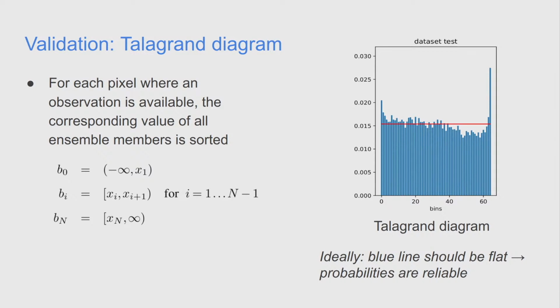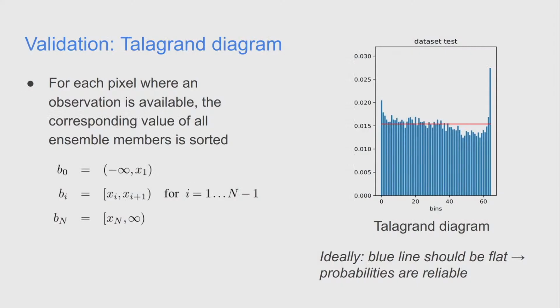Another thing that we can do, and this is done quite often in meteorology as well, is to compute the talagrand diagram, and it essentially tells us how reliable your probabilities are. So if I say the probability that the chlorophyll will exceed a certain threshold is, say, 20%, can I trust this 20%? Or did you make it up out of thin air? So, how reliable is this estimate?